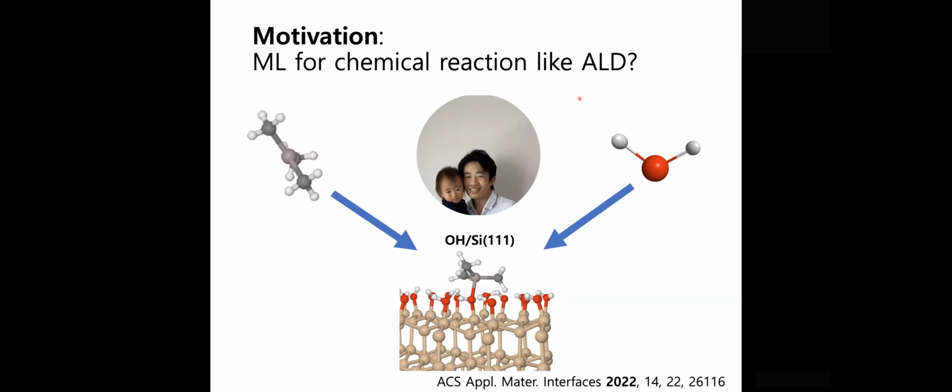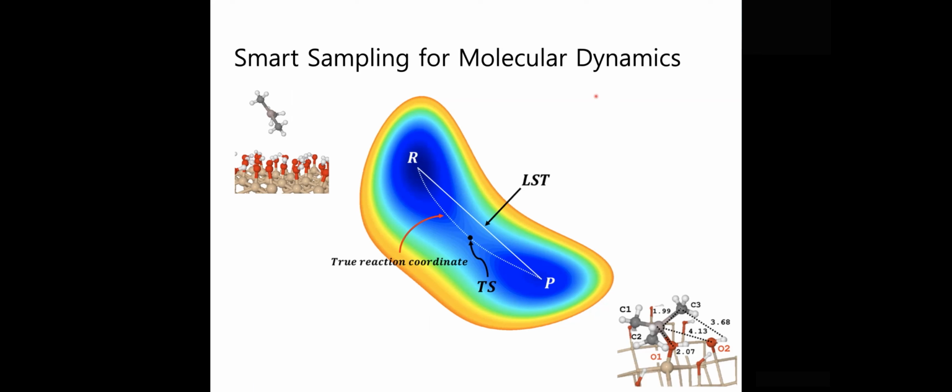It doesn't have to be right on this dotted line, but it's better to be around this. So we need to sample the structural data in these blue regions. That's what we need. We don't need any other data far from the reactant and product here, right?